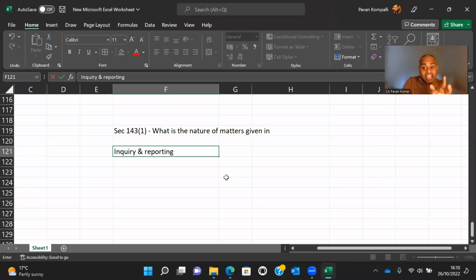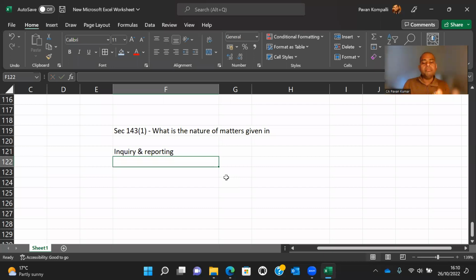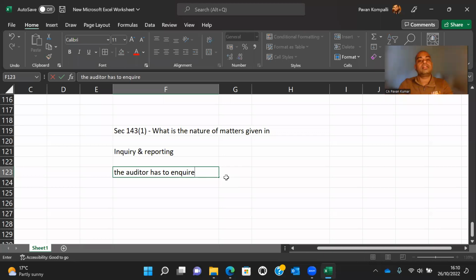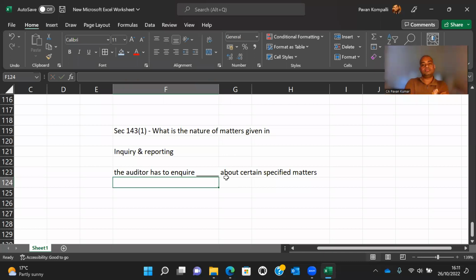It is not just reporting, it is inquiry and reporting. First, you make an inquiry. The auditor has to inquire about certain specified matters.